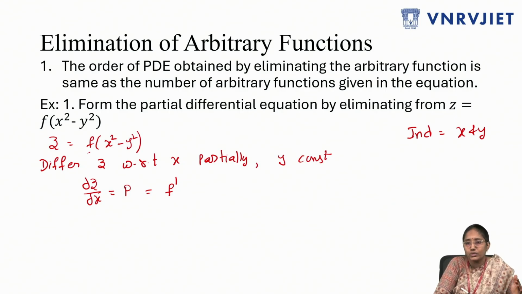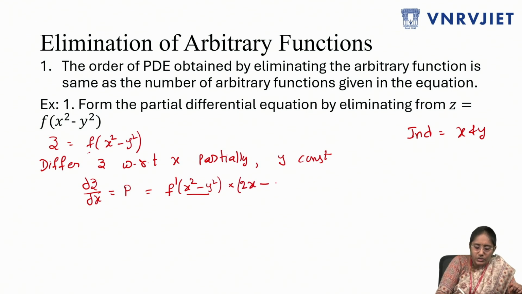The derivative of tan is secant square. There is no change in the function f. So we can represent it as the derivative of f, which is f dash of x square minus y square, into the derivative of the inner function with respect to x. The derivative of x square is 2x, minus the derivative of y square, which is 0 because y is a constant. So it is 2x into f dash of x square minus y square.